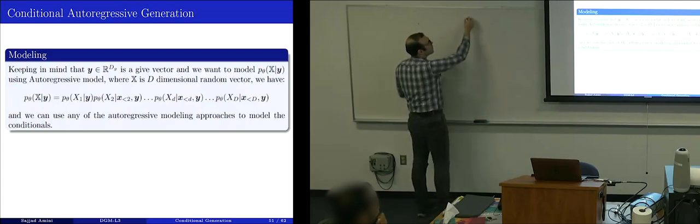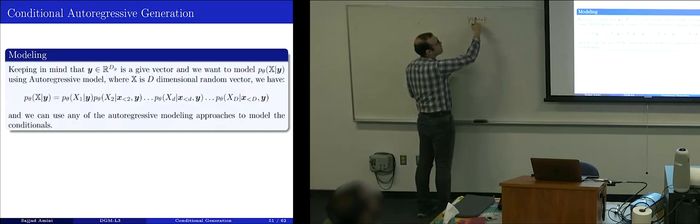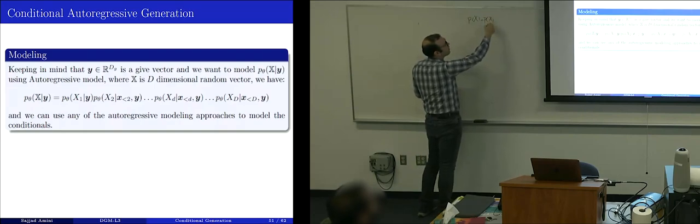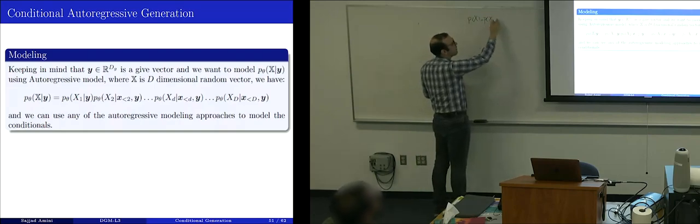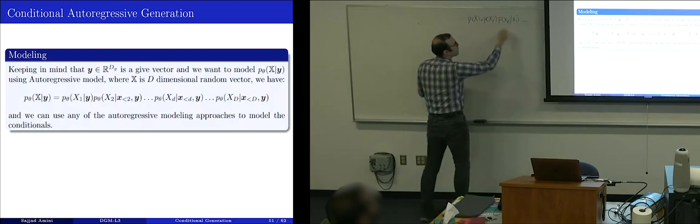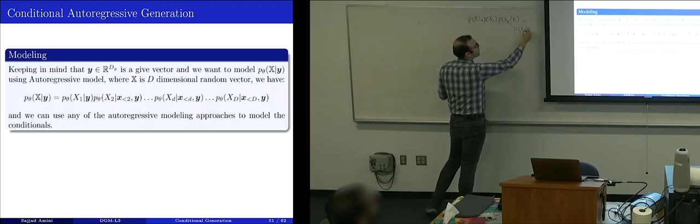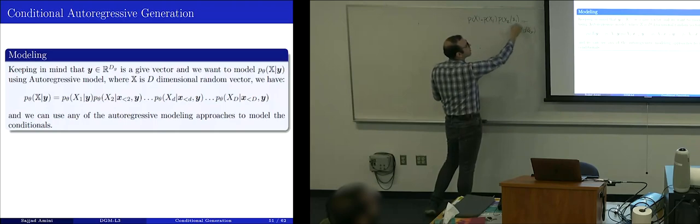Previously, when modeling p of x, the chain rule says that the first variable is independent of anything. It is an unconditional distribution. The second one is conditional on the previous one, and so on till the end, x_n given x less than n. This is the chain rule.